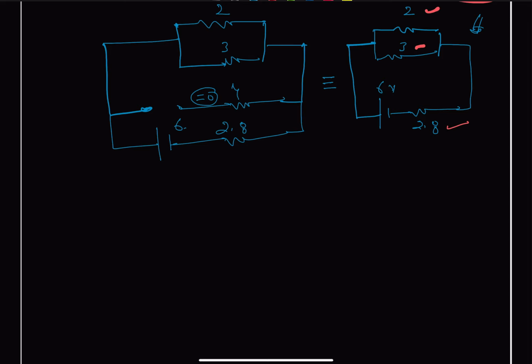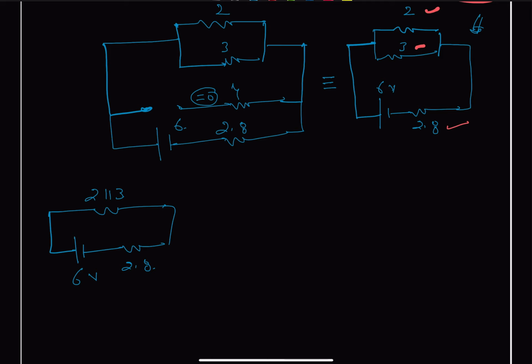So you can write this as one resistance, 2 parallel 3, with applied voltage that is 6 volt, and we are having this 2.8.